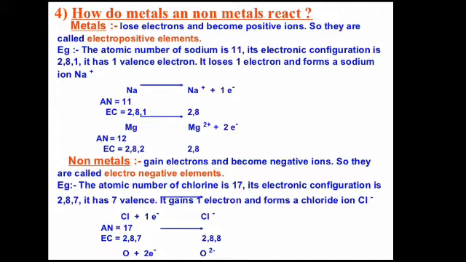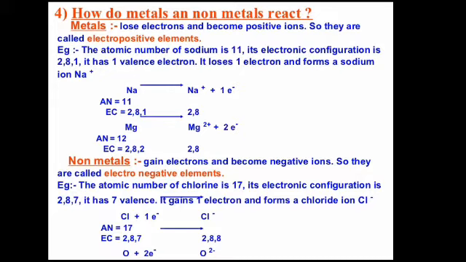While the non-metals are electronegative, that is, they try to gain electrons and become negative ions. For example, we have chlorine having 17 electrons. So its electronic configuration is 2, 8, 7, that is, in the third shell it has only 7 electrons and it needs one electron to attain the nearest noble gas configuration and become stable.